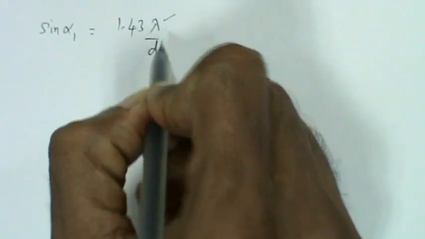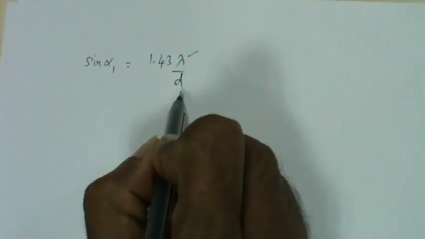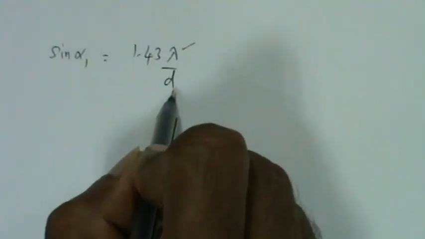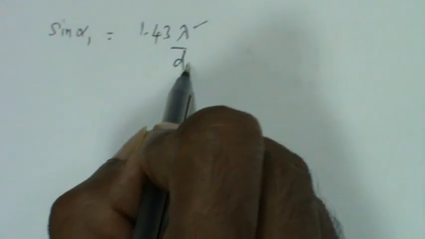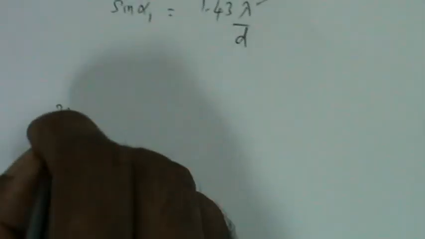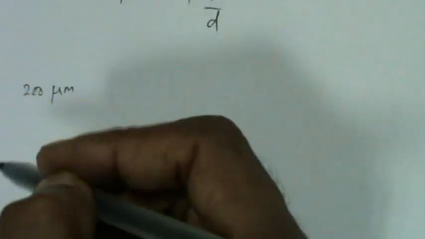As we know, lambda is fixed. In case I just decrease the slit width, say initially I have taken, for example, 200 micron slit width. Now I go from 200 micron to 150 micron slit width. Lambda is fixed, it is 650 nanometer. Right?